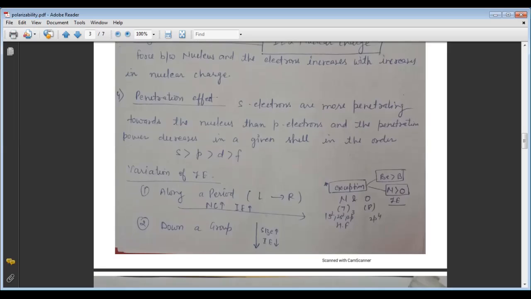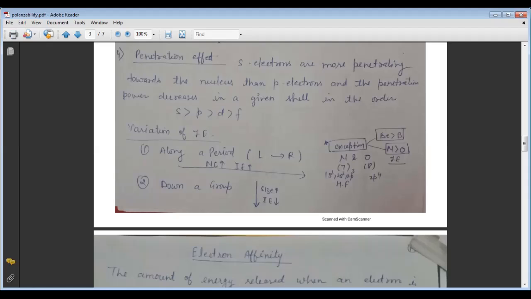Now we come to the variations in the ionization energy. As we know, variations are of two types: along a period, meaning left to right in the periodic table, and down a group, meaning top to bottom. Firstly, we go along a period, from left to right.